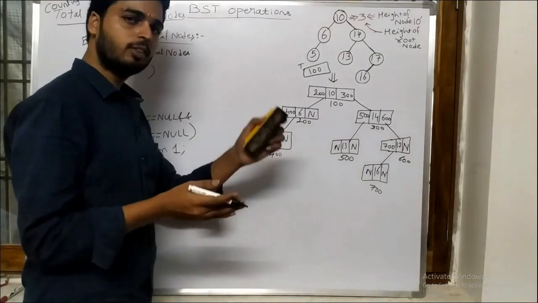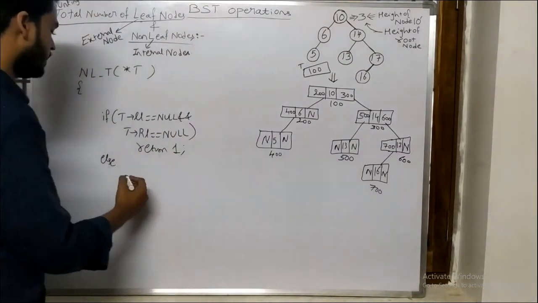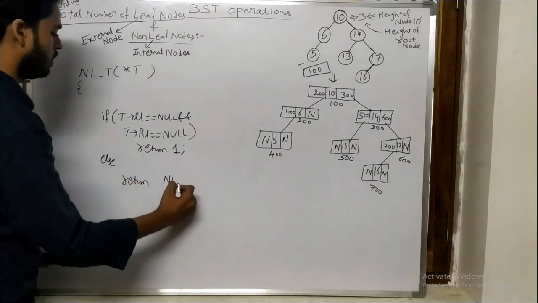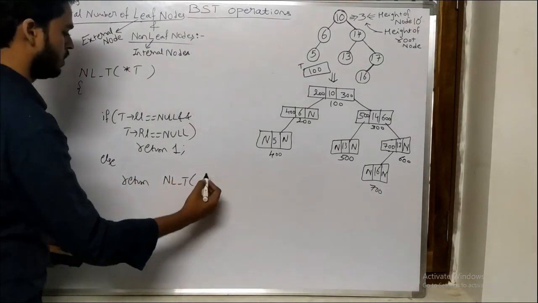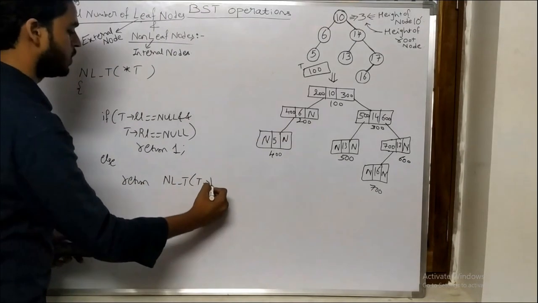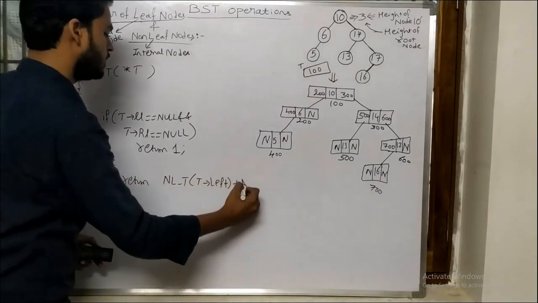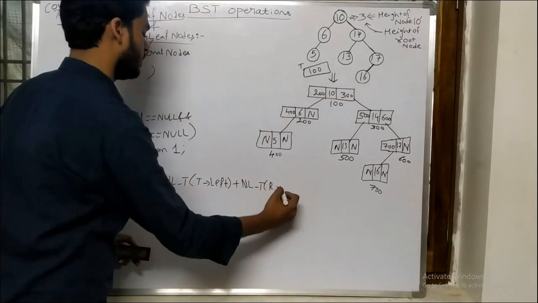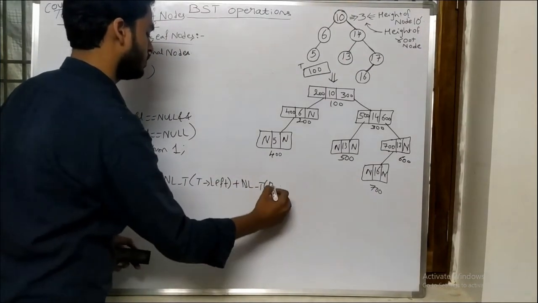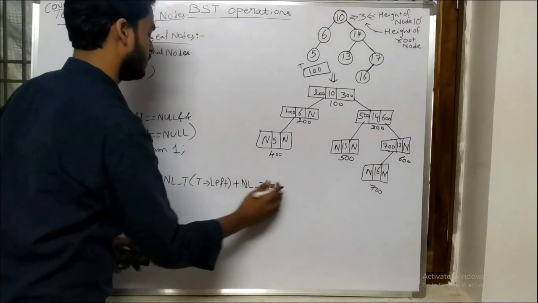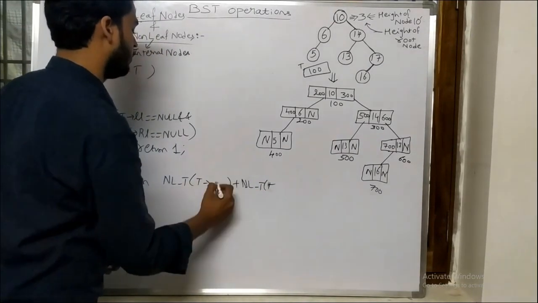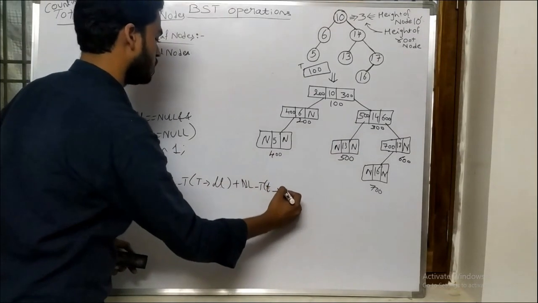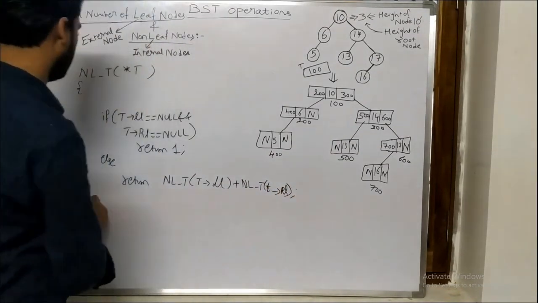To search for all the leaf nodes, we need to write the recursive condition. I am going to simply return the number of leaf nodes in the left subtree of t->left plus the number of leaf nodes in the right subtree, t->right.